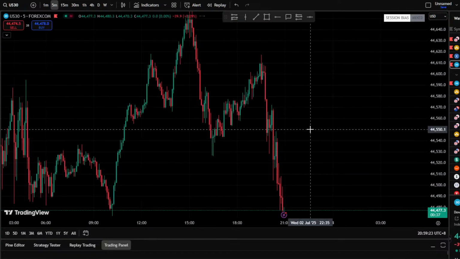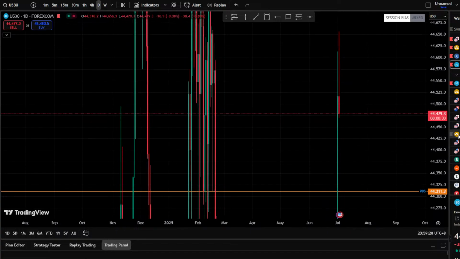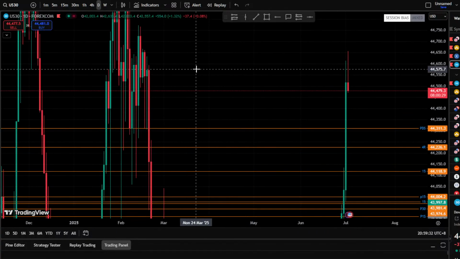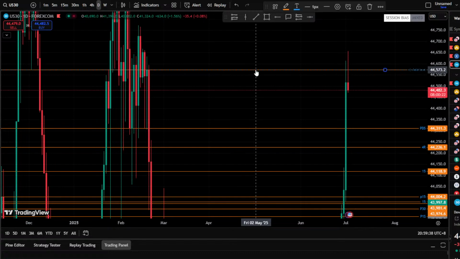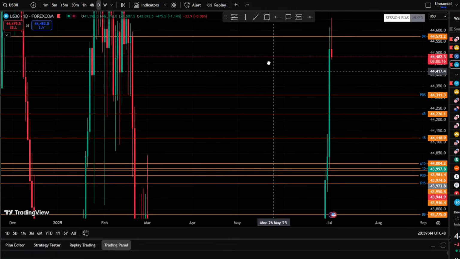Next we got US30. Let's do our markup on US30. Previous day bullish. There's a mess down here, tap here, tap here. Let's mark this level here. Daily resistance.